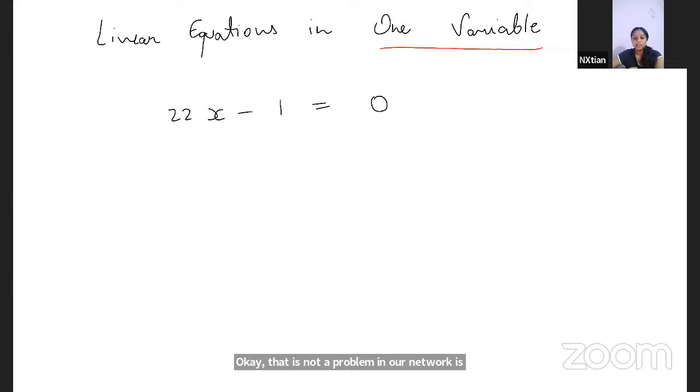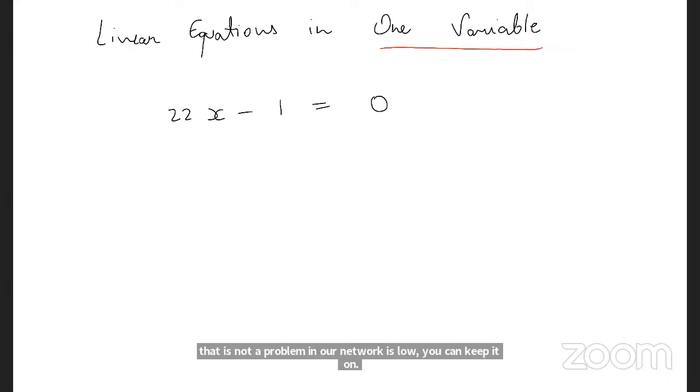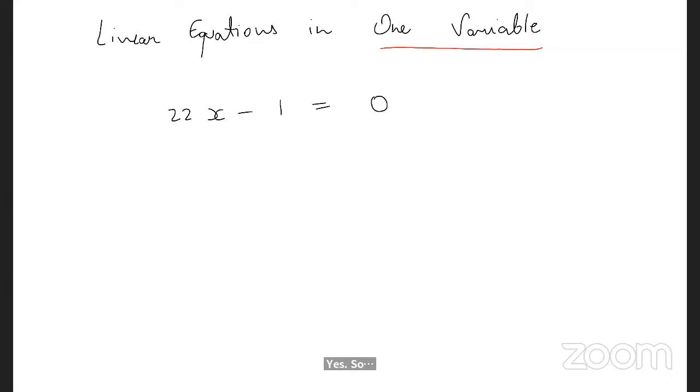Okay, yes. So, now, what's the basic form of a linear equation in one variable? Okay, its basic form is ax plus b equals to 0, where x is our variable.